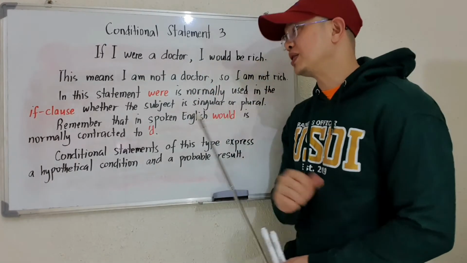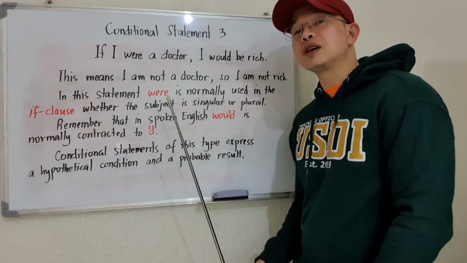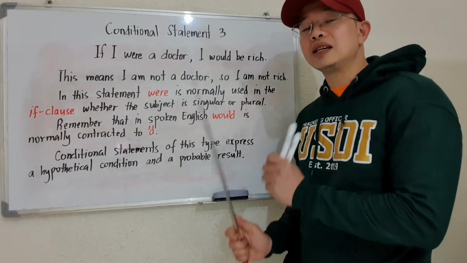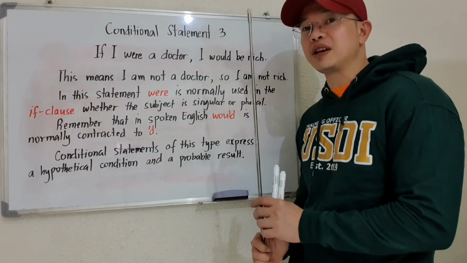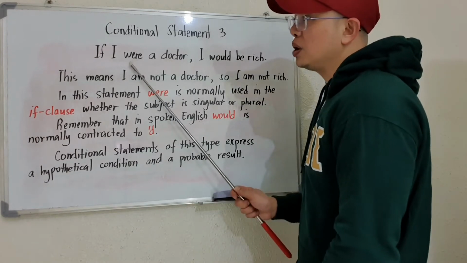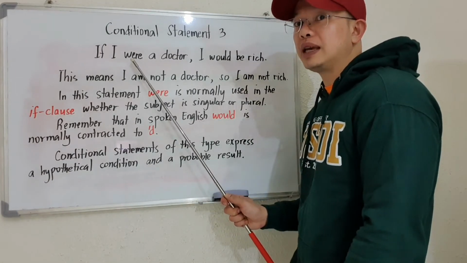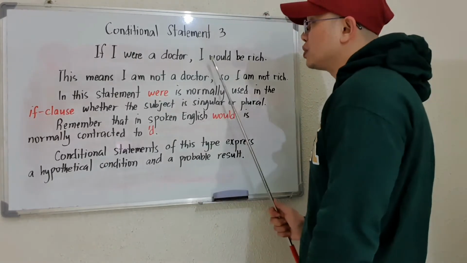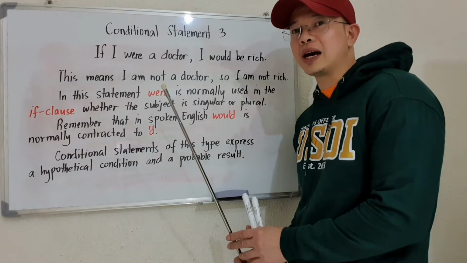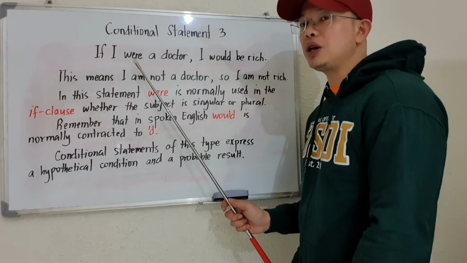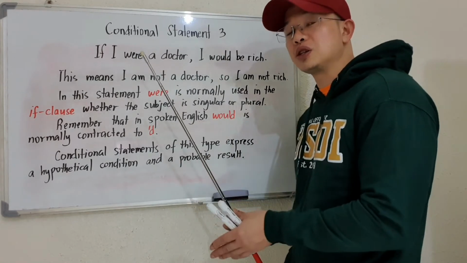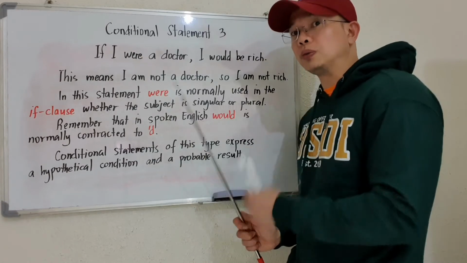Now, conditional statements of this type express only a hypothetical condition and a probable result. That's why we use the past form in the if clause and would in the main clause, instead of the present form as in conditional statement 2.